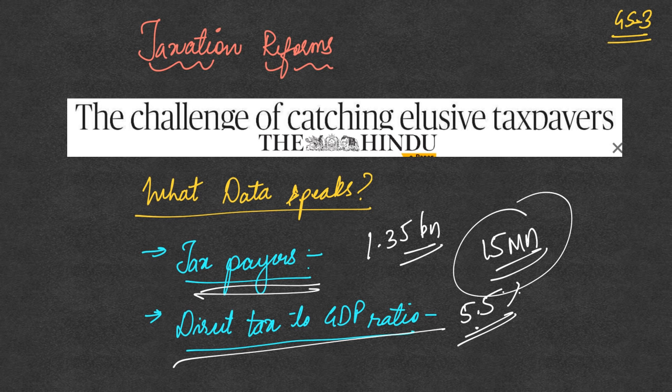So this again shows that we need to widen our tax base, and it may also show that tax evasion is happening on a large scale, because of which very few people are paying taxes. And those who are paying taxes are also not paying taxes on their entire income honestly. So these two facts and figures show that the taxation reforms are very important, and that is why we had these reforms.